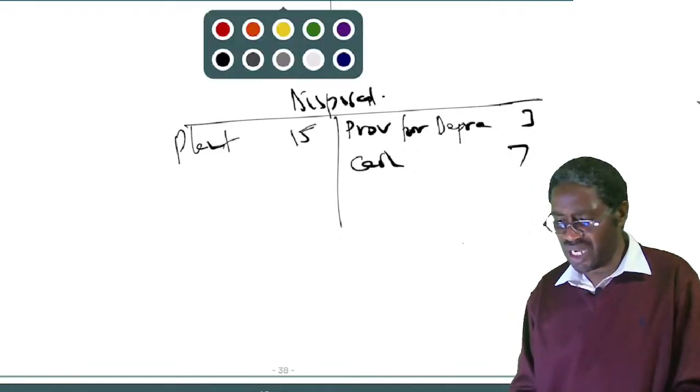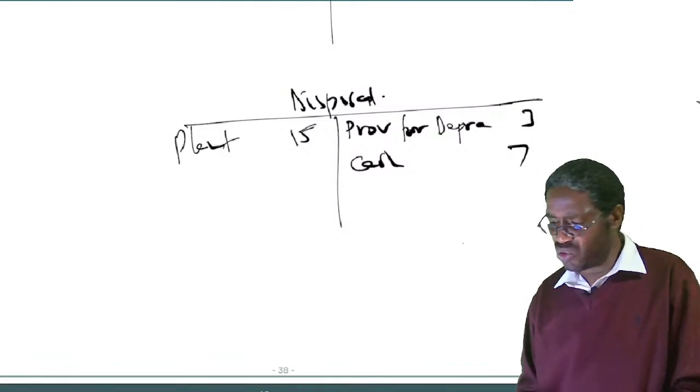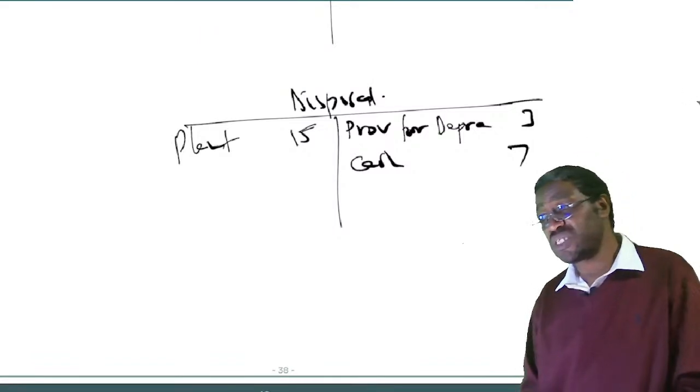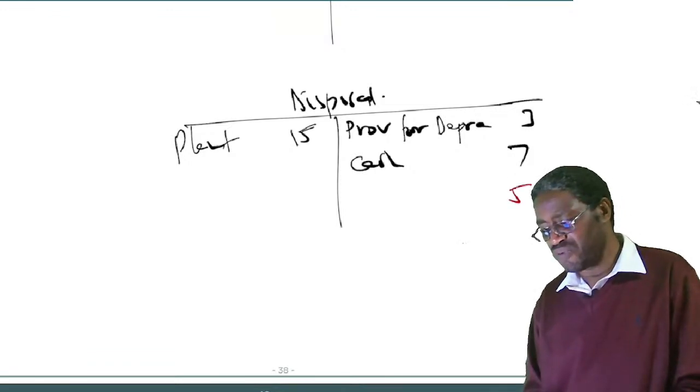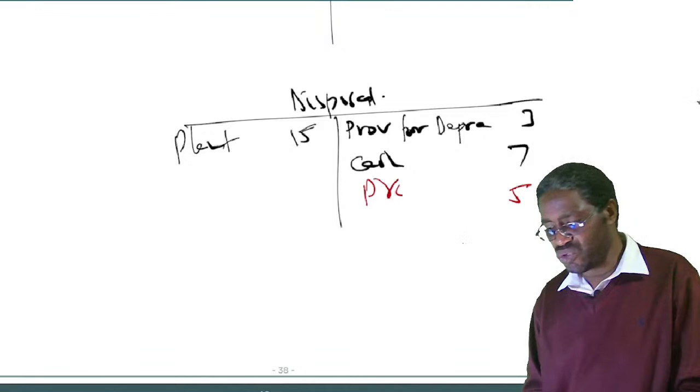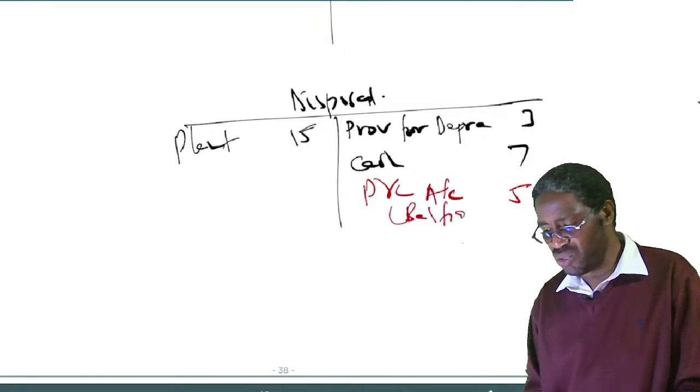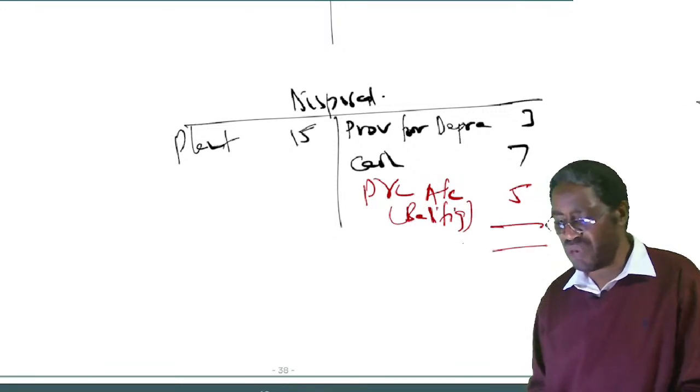If I look at this account, the balancing figure looks to be on the credit side. Credit side we have 10, debit side we have 15. There's a difference of 5. That 5 goes to the P&L account as a balancing figure, mark you. It is not something you have been given.